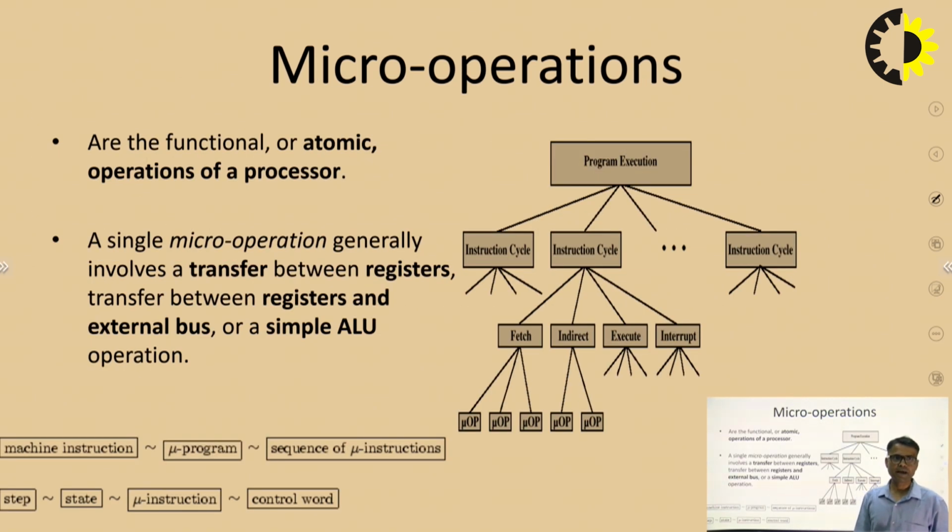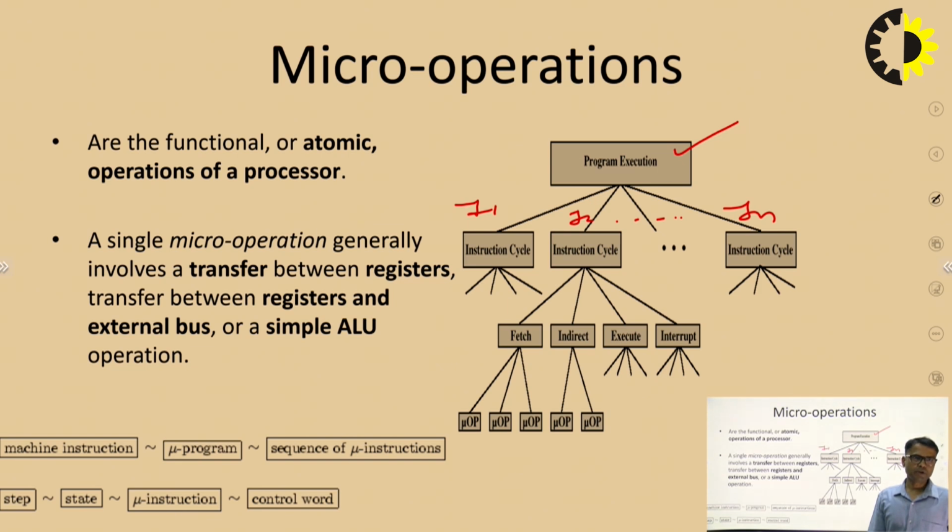Now if you see here in this diagram, this functional nature is shown from the top to bottom. So consider a program under execution. Each program consists of multiple instructions. So there will be instruction 1, instruction 2, and so on; there will be multiple instructions in a program that will be executed.